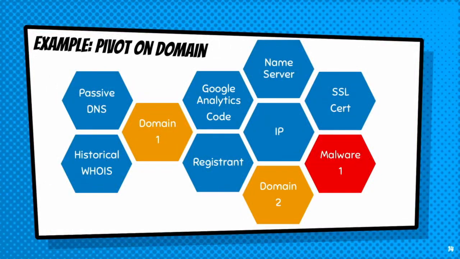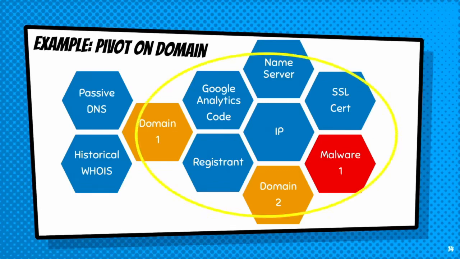From a pivot on domain, this is similar in nature to how we pivot and group on malware. In this case, we have two different domains. And in those specific domains, what I'm looking for is not only grouping and pivoting to try to find malware possibly or tools that are associated, but I'm also trying to cluster that activity to say that maybe domain 1 and domain 2 are related to the same actor group or campaign.